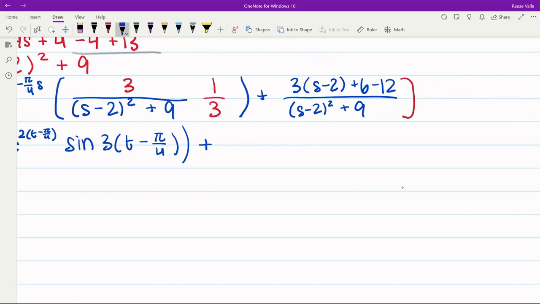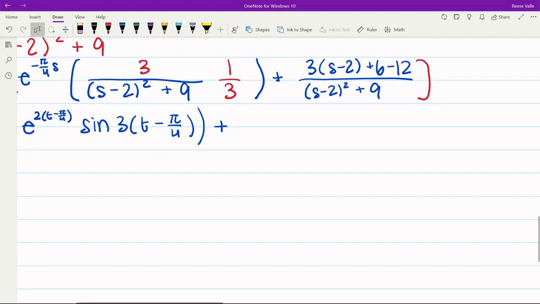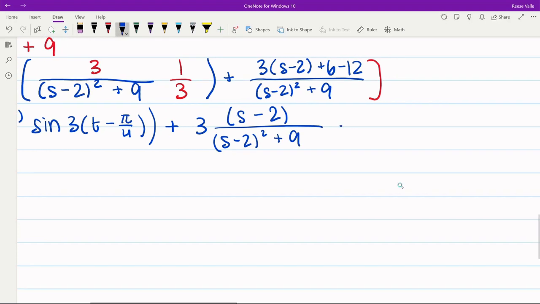And then for this one, we're going to separate it into two terms. So we're going to factor out the 3 on the first one. It's going to be s minus 2 all over s minus 2 squared plus 9. And then it's just going to be minus 6. We're just going to leave it at 6 for now. So s minus 2 squared plus 9.